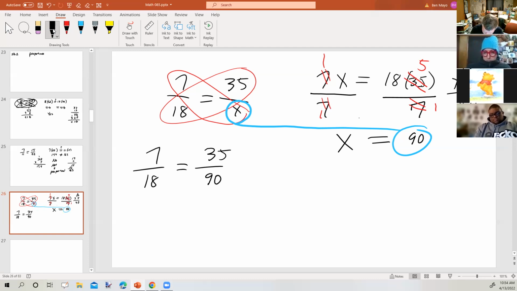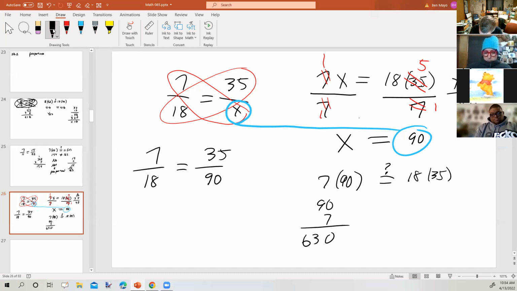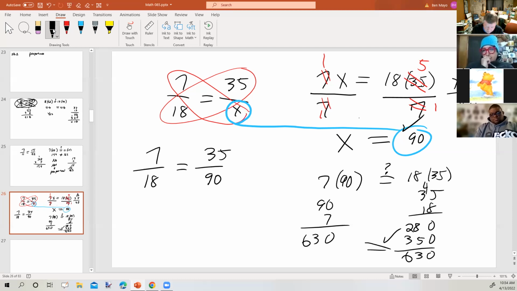So let's see. 7 times 90, does that equal 18 times 35? Well, let's see here, 90 times 7, 630. 35 times 18, 630. It checks, so it's correct.